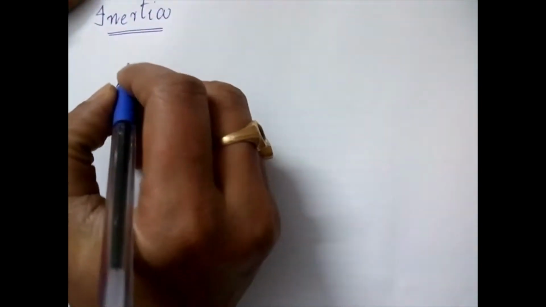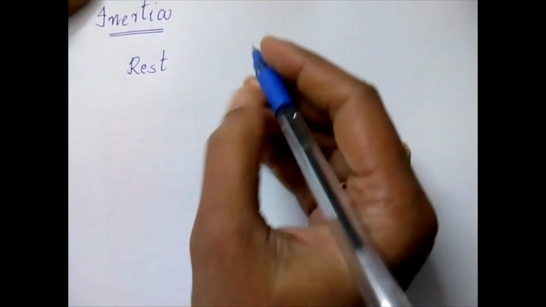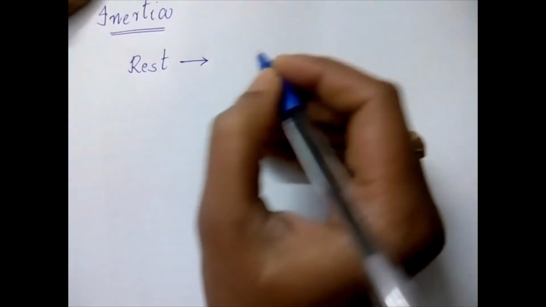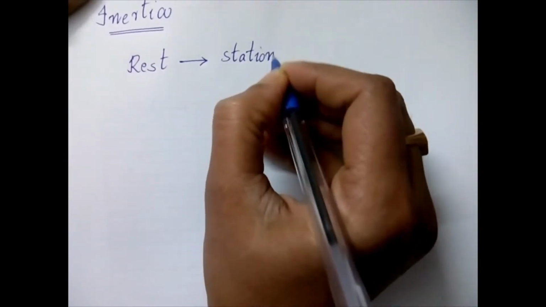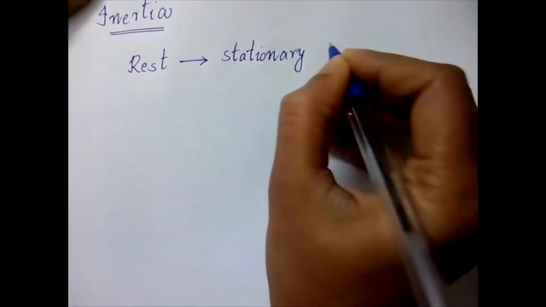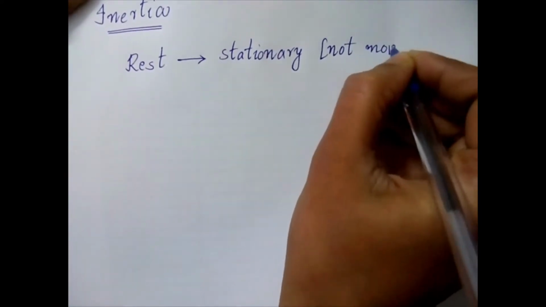We will learn what is inertia. But first, before learning inertia, I have already used a term called rest. What do you mean by rest? Rest means stationary, or you can take it as not moving or standing still.